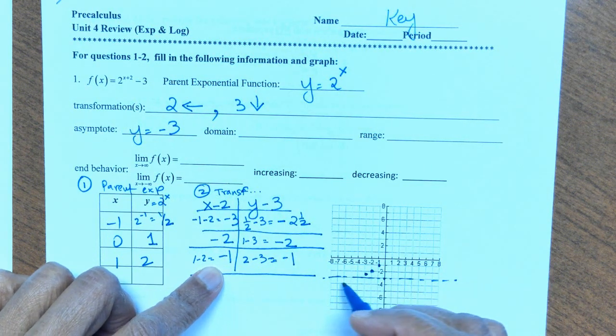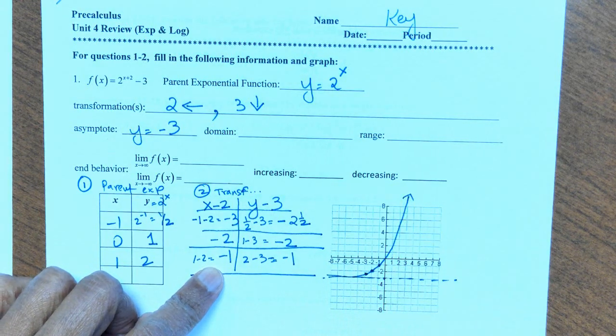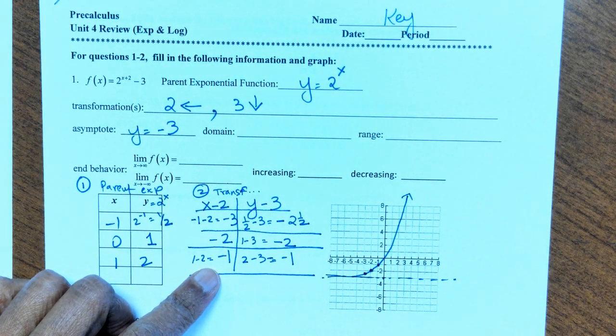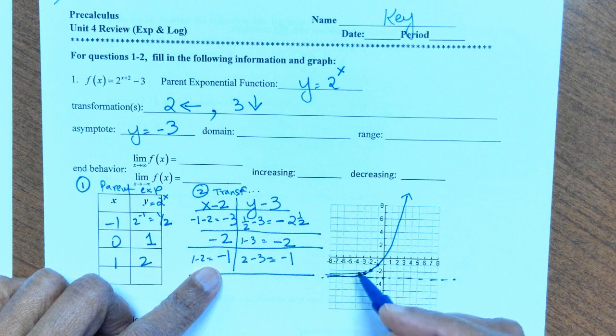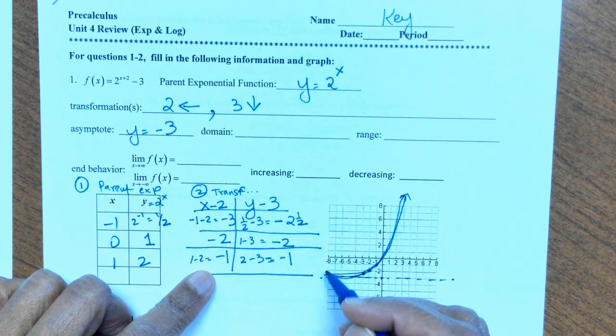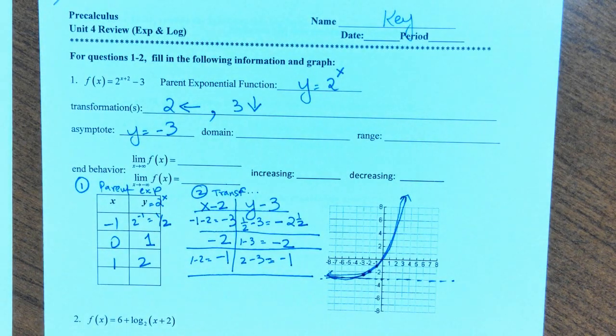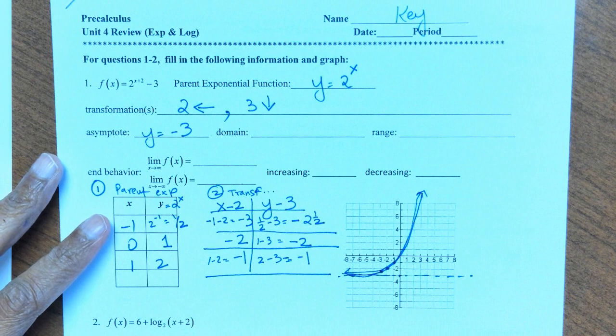So basically on this side it will hug the asymptote, on this side it will keep going. Okay, this shouldn't have been touching this. This was my mistake, but this is how the graph is going to look.